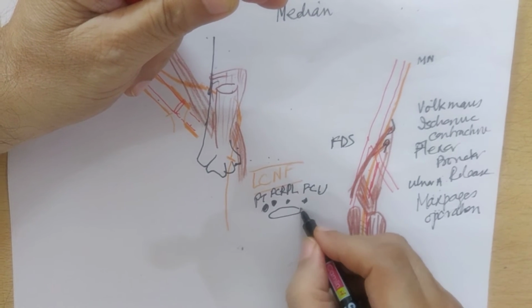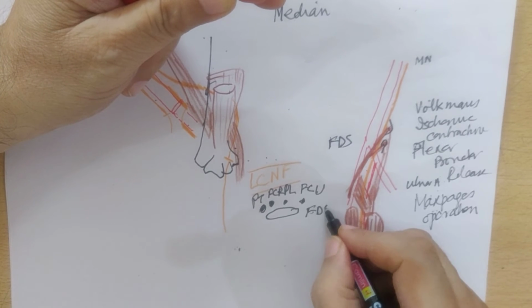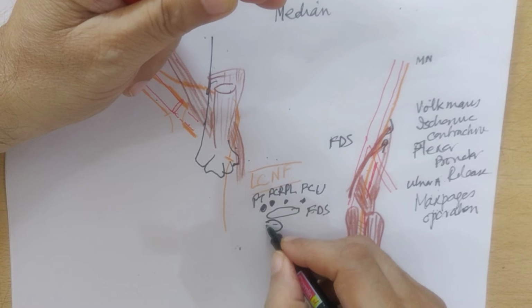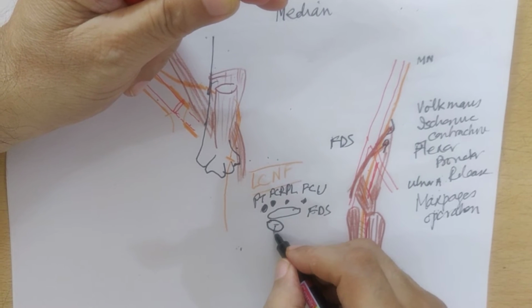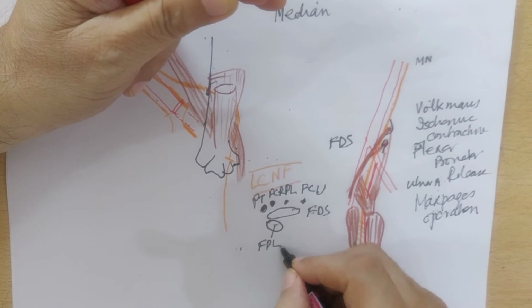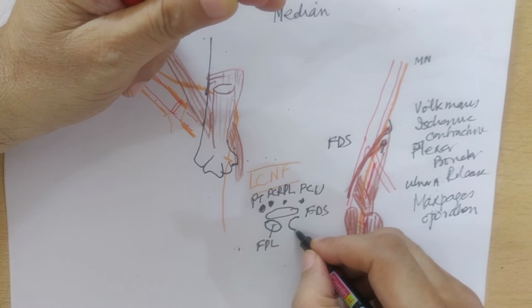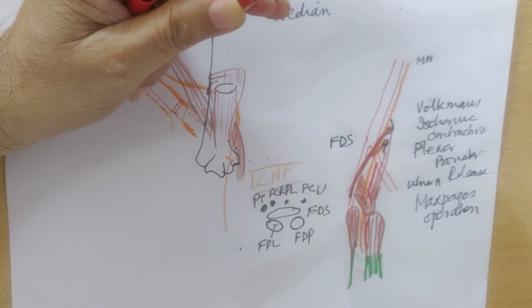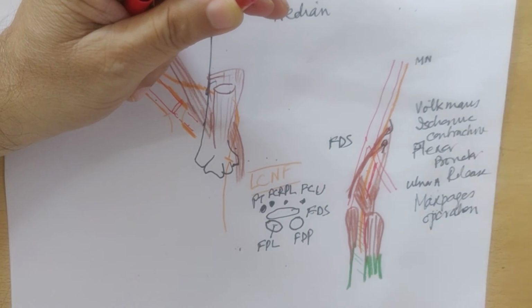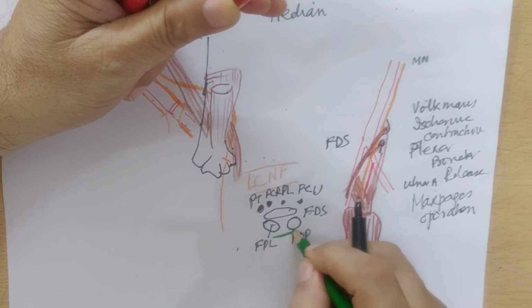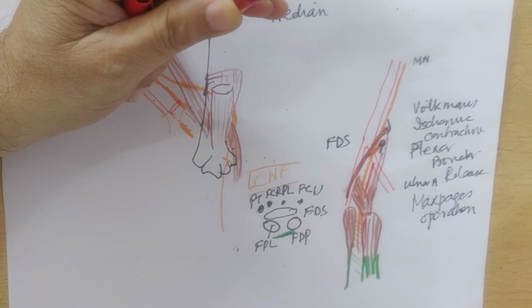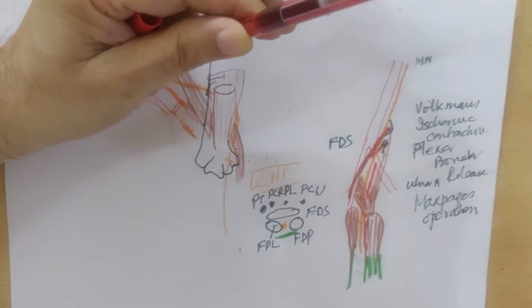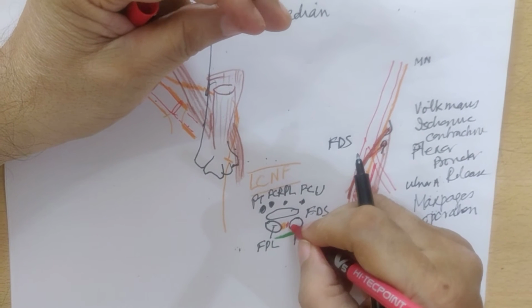In between, flexor digitorum superficialis, and then radius and interosseous membrane, flexor pollicis longus, and ulna and interosseous membrane, flexor digitorum profundus. And here is your membrane, and here is the nerve, and here is the artery.